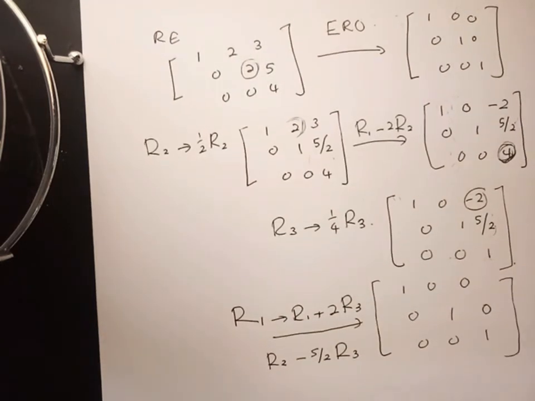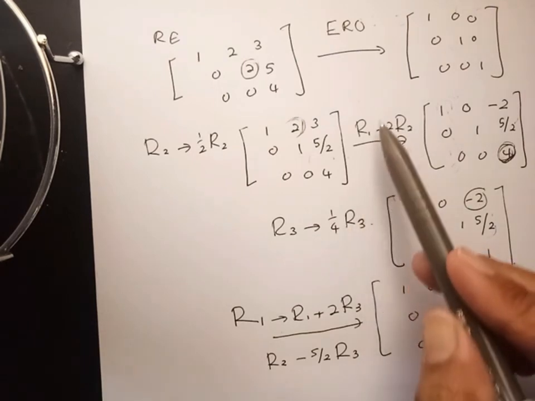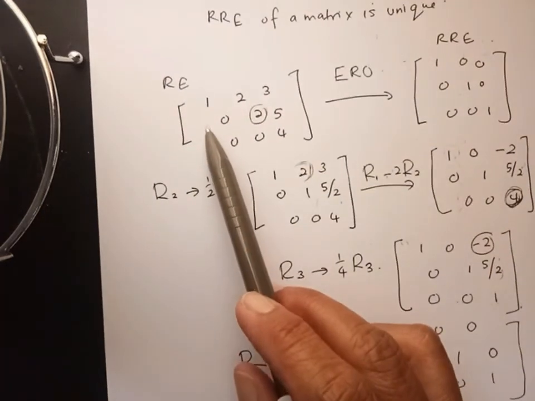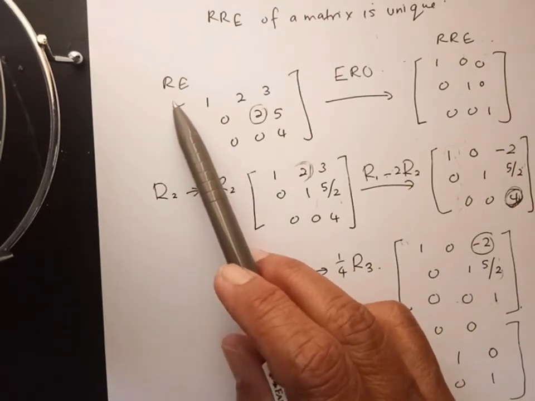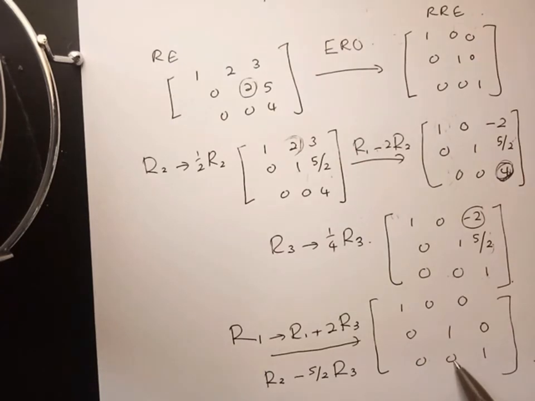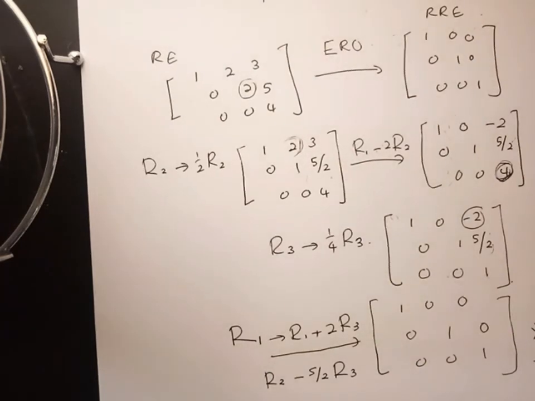Done. So these are the elementary row operations that we need to perform in order to reduce the matrix from row echelon form into reduced row echelon form.